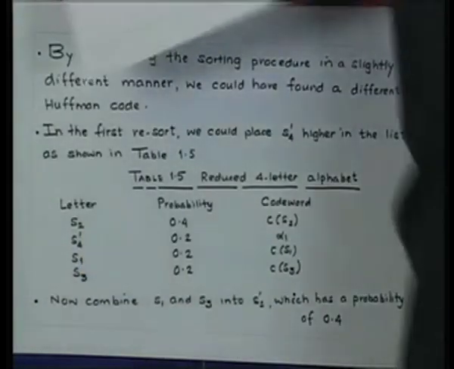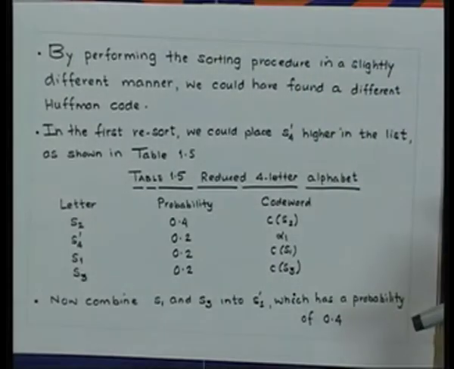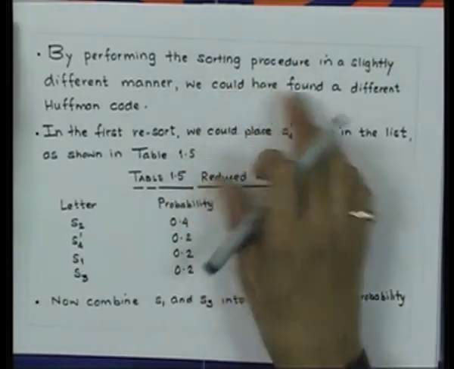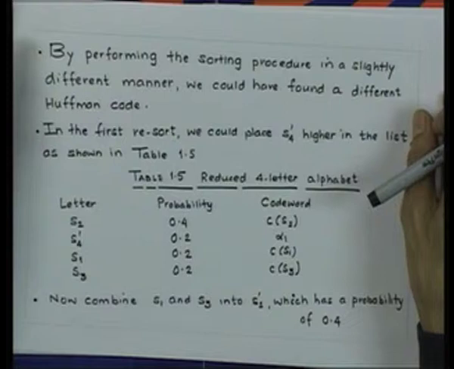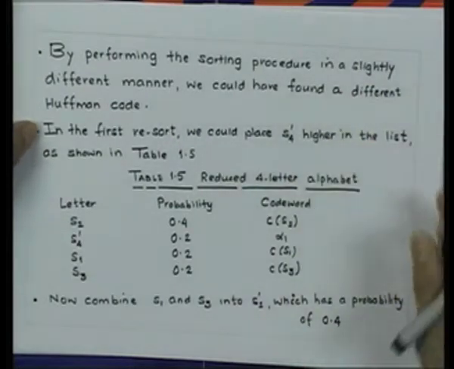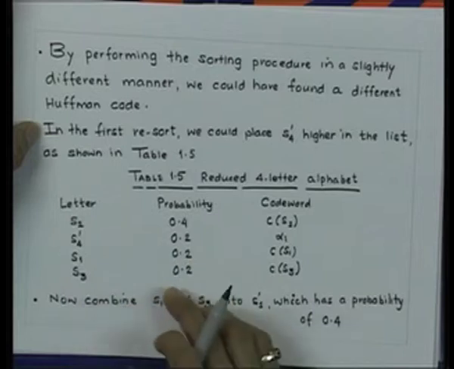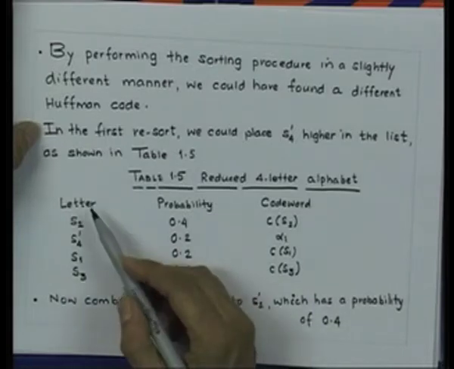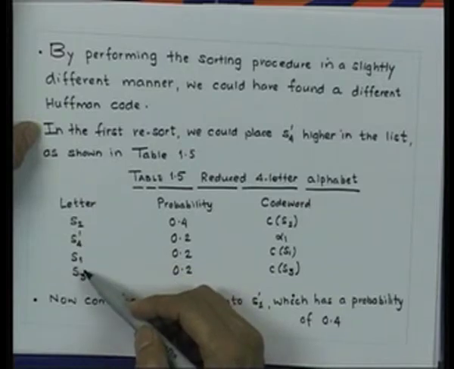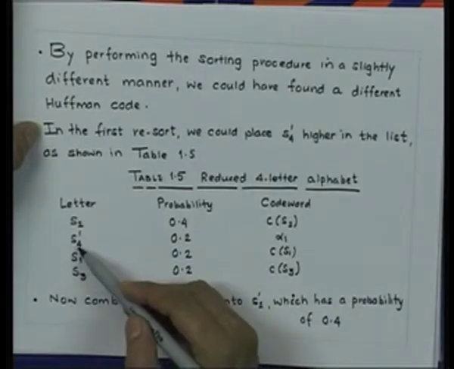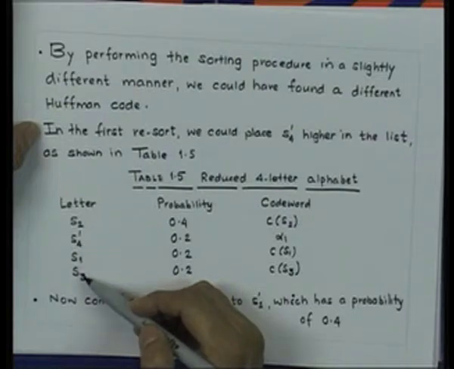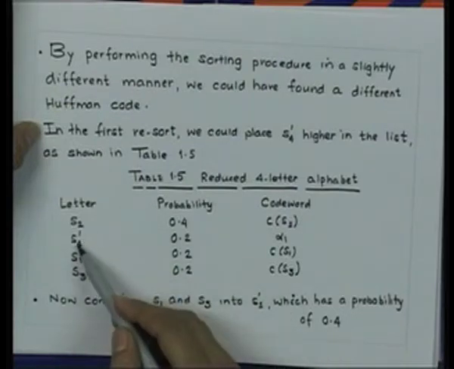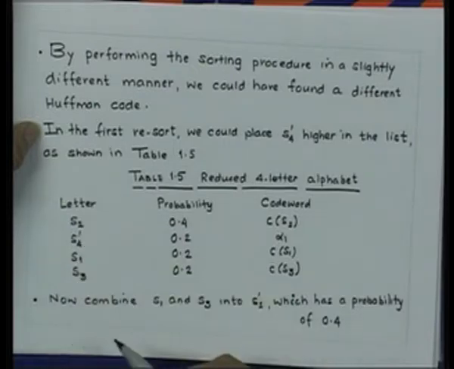So by performing the sorting procedure in a slightly different manner, we could have found a different Huffman code, and we try to do this with the example which we had discussed in the last class. In the first resort, this time we place S4 dash, which has been obtained as a new symbol by combining S4 and S5, on the top of the list.